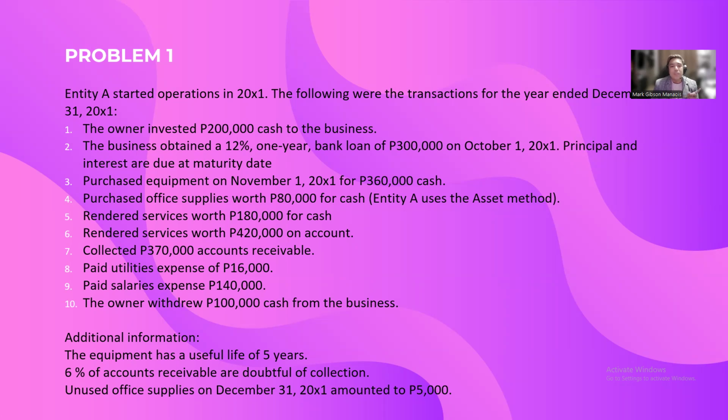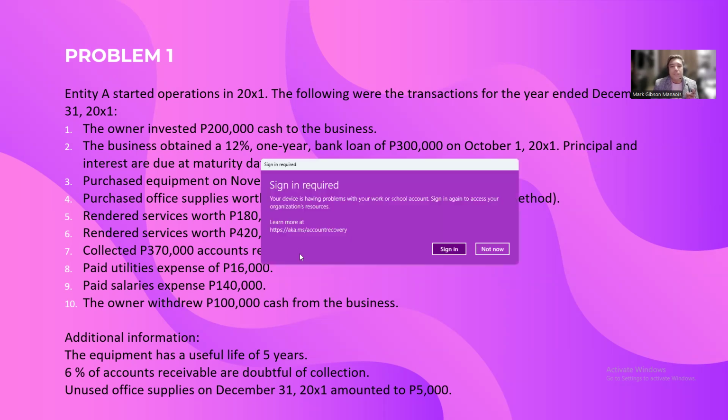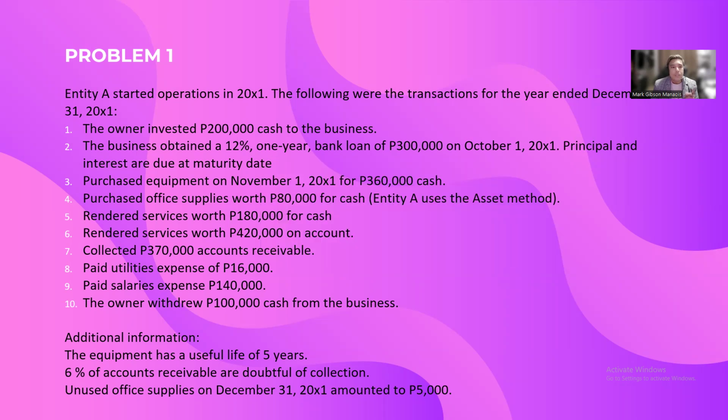Business obtained a 12% one-year bank loan of 300,000 on October 1, 20X1. Principal and interest are due at maturity date. Purchase equipment on November 1 for 360,000 cash. Purchase office supplies worth 80,000 for cash. Entity A uses the asset method.